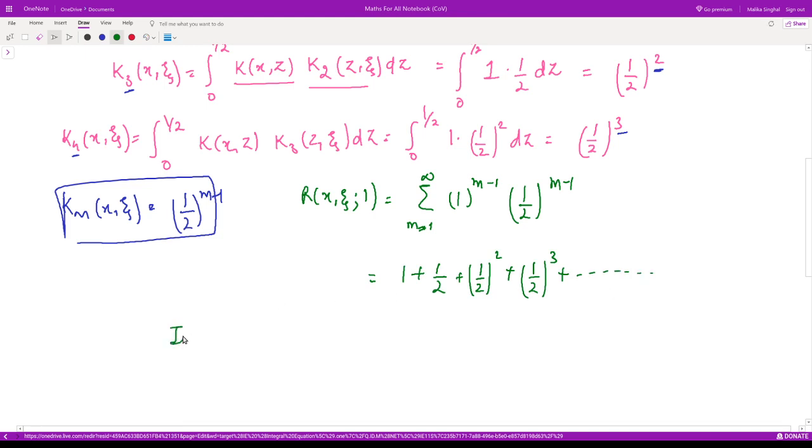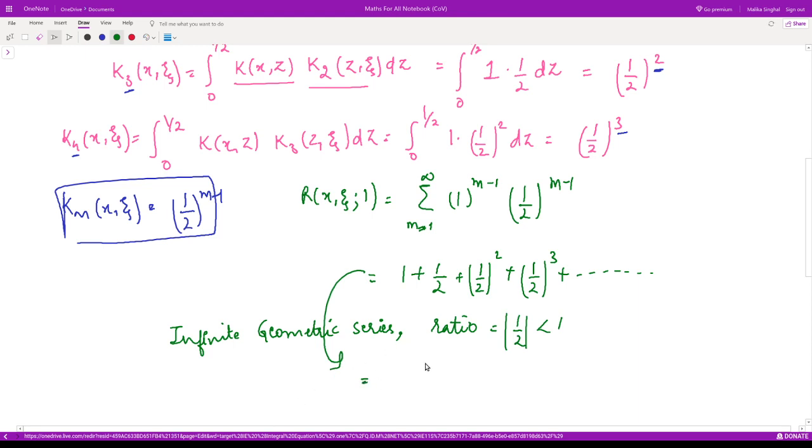This is an infinite geometric series, right? Its sum can be calculated because the common ratio is 1 by 2, whose modulus is less than 1, so it is convergent.